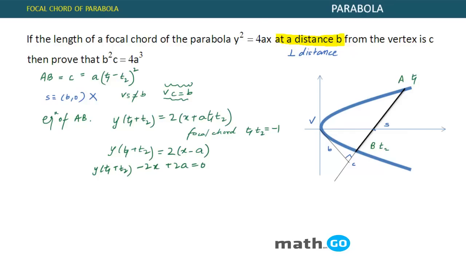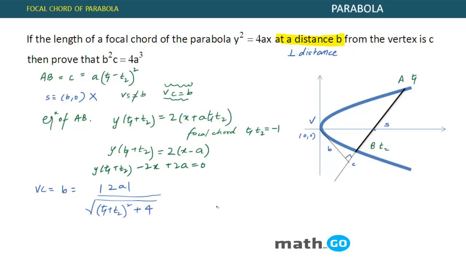What is the distance VC? VC is nothing but given to be b, but we have not utilized it till now. So how can we find b? Distance of (0, 0) from this line. How will we find the distance of a point from a line? Substitute (0, 0) in this line. So this will become modulus 2a divided by the square root of (t1 plus t2) square plus 4.